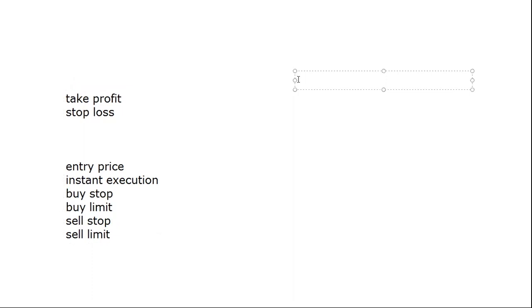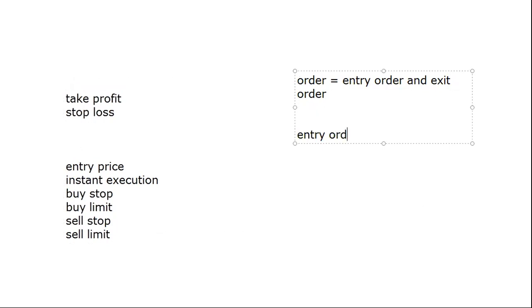Orders are divided actually into two types: the entry orders and exit orders. The entry order was the first picture I showed us, which is categorized into two: the instant execution and pending order.